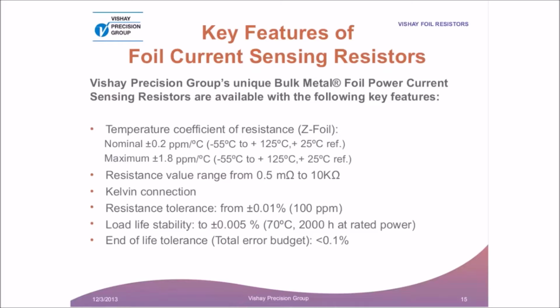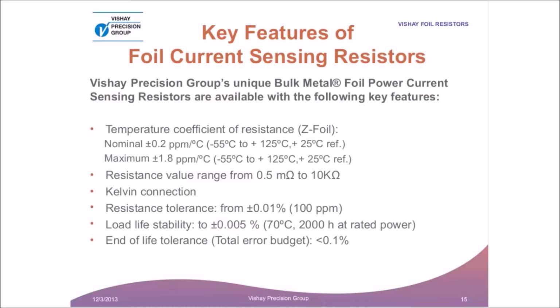If we look at the parameters shown on this slide, we can see that we offer extremely low temperature coefficients of resistance with our products, nominally 0.2 ppm per C over a wide temperature range of -55 to +125 with a reference at 25, with a maximum 1.8 ppm per C. Our power current sense resistors are available in a wide range of values from 0.5 milliohms to 10 kiloohms.